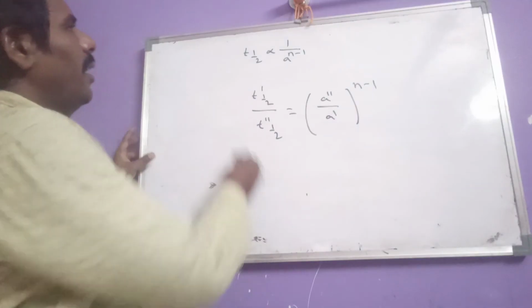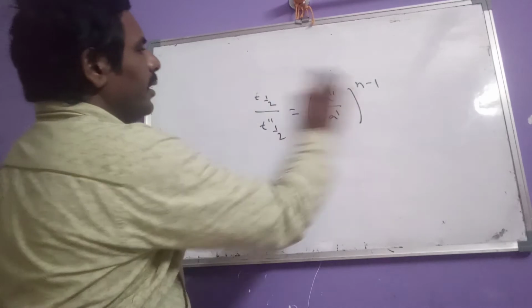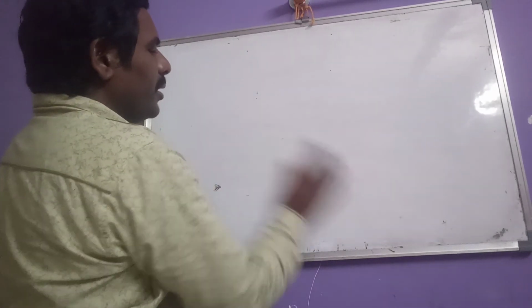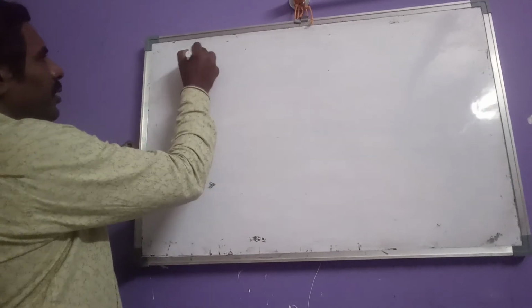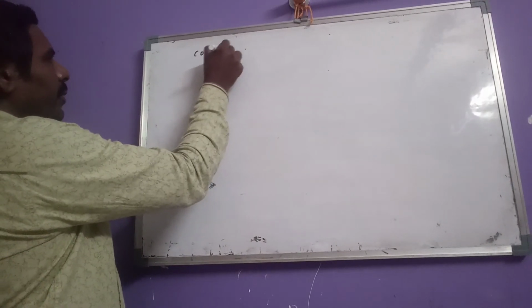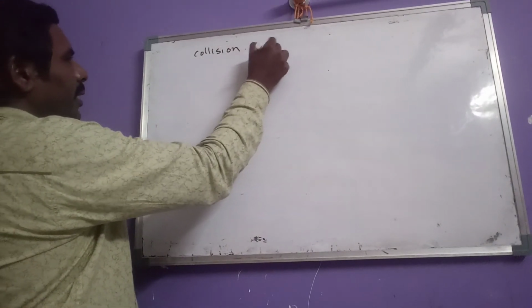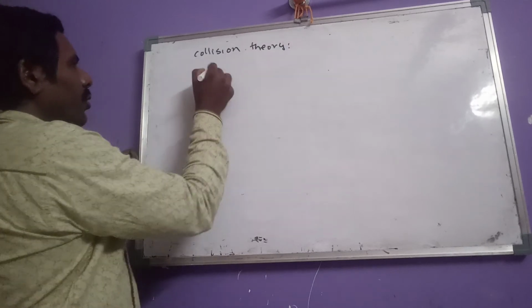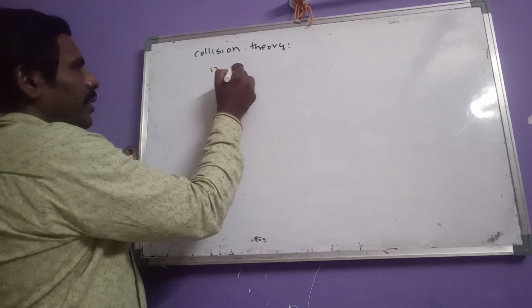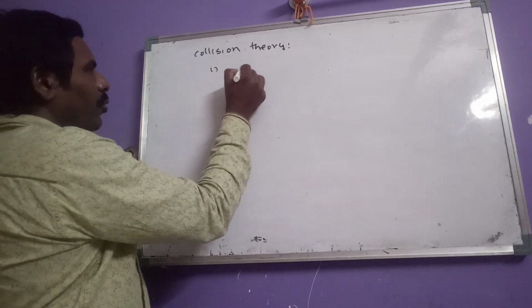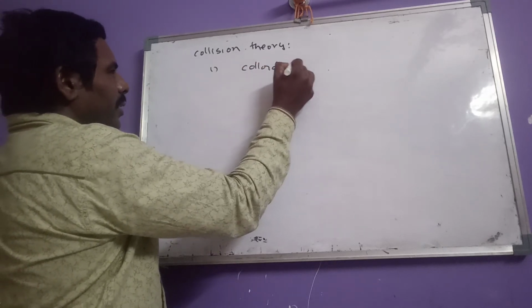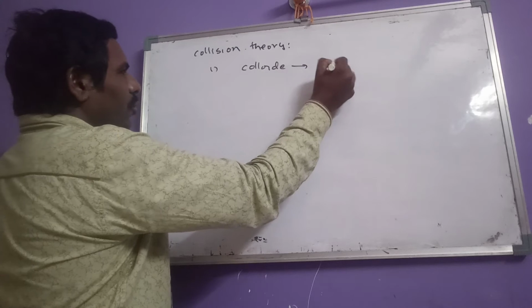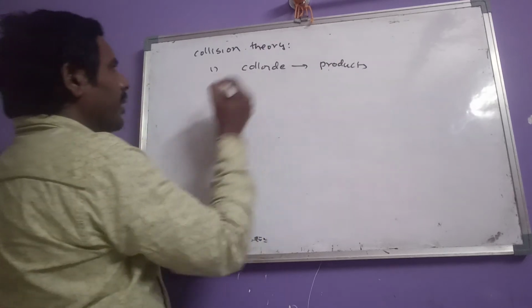Then after that let us see collision theory of reaction rates. What is collision theory of reaction rates? First, reactants shall have to collide to give the products.